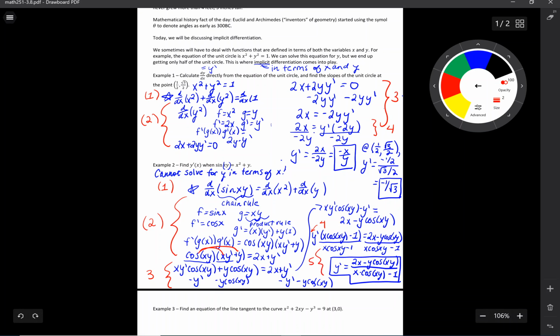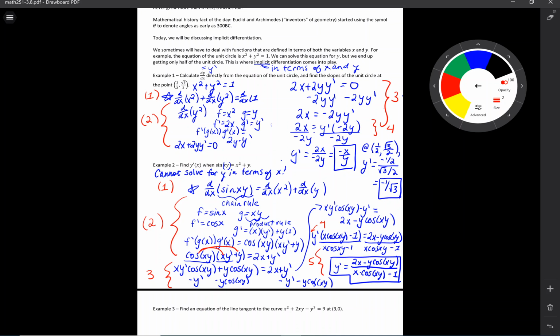Dividing out that y prime in order to solve, dividing out what y prime was being multiplied by in order to solve for y prime. So again, here we knew that we had to use implicit differentiation since I could not solve this function for y in terms of x. I had to use the chain rule in order to find the derivative of sine of xy.